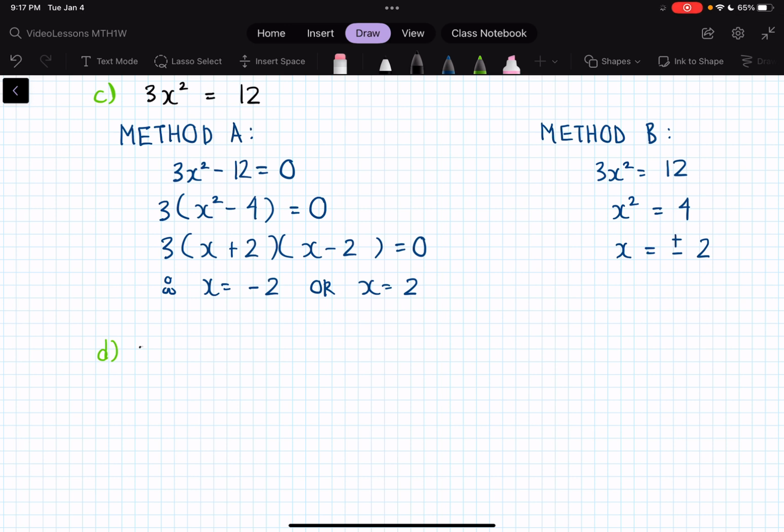Now, there can be times, let's look at what if we had 3x squared equals 15, okay?